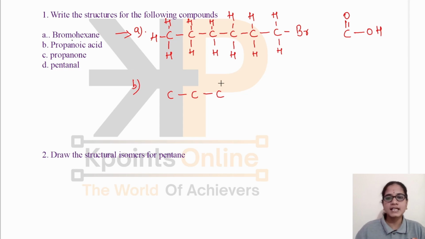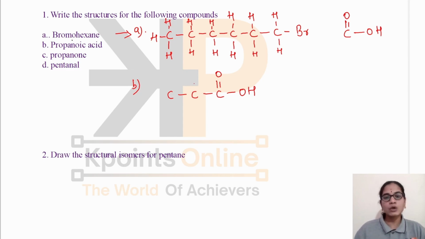COOH. Including this carbon atom, we have propanoic acid. We should not leave this carbon atom. Overall, we have 3 carbon atoms in propanoic acid. Do not exclude this carbon atom.